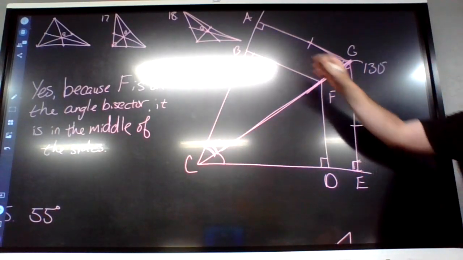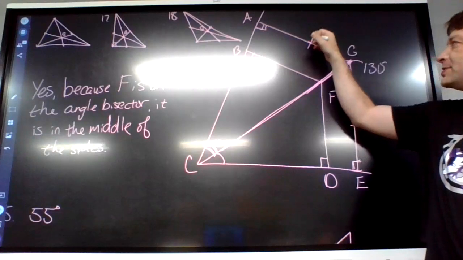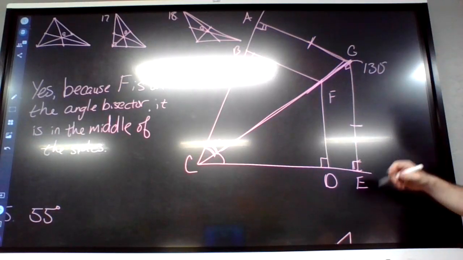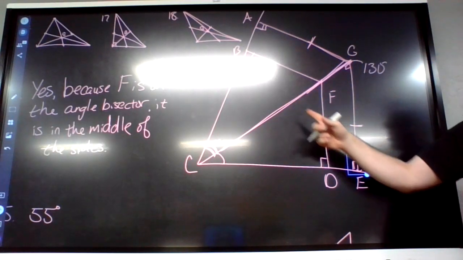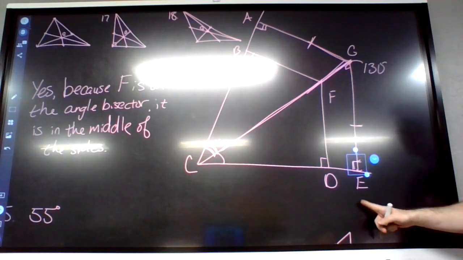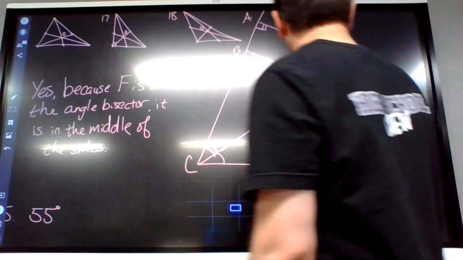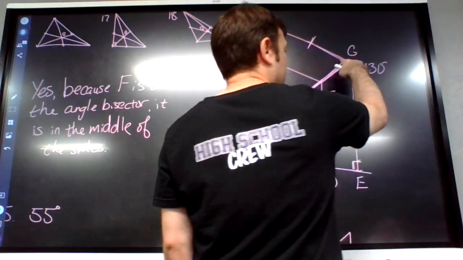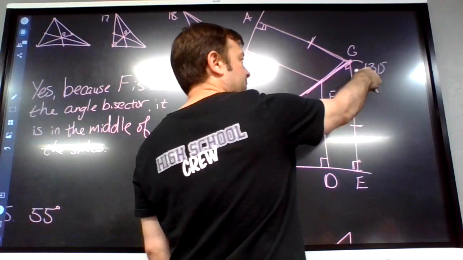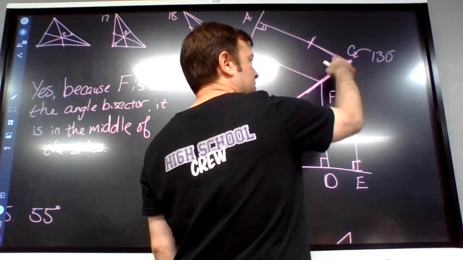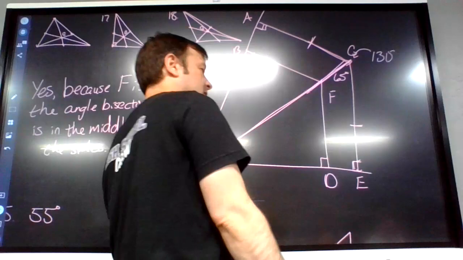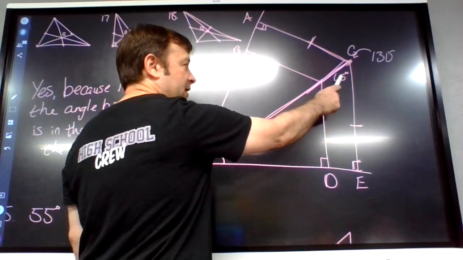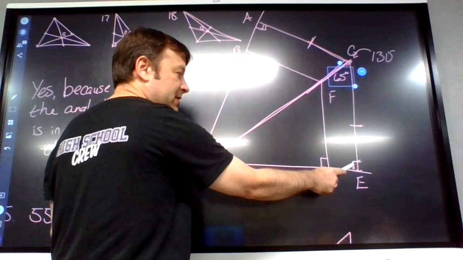They have 90-degree angles, and they have this side over here. It's hypotenuse-leg. Anyway, the triangles are the same. Therefore, these two angles would be the same. So if the whole thing is 130, what's one of these little angles? 65.